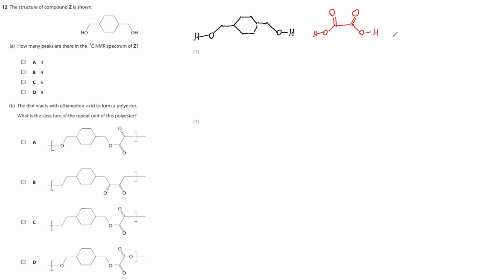So I'll draw another diol, so OH, and another carboxylic acid, dioic acid. Sorry, it should be in red color. Okay, here you have OH, carbonyl group, OH.